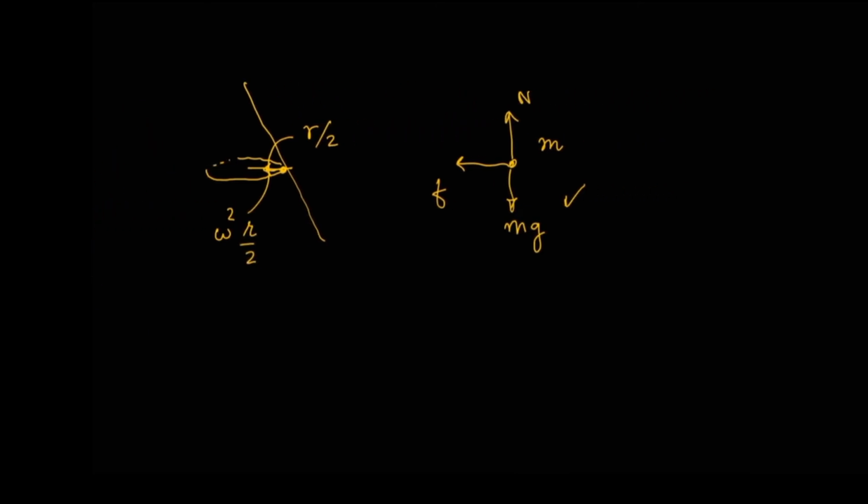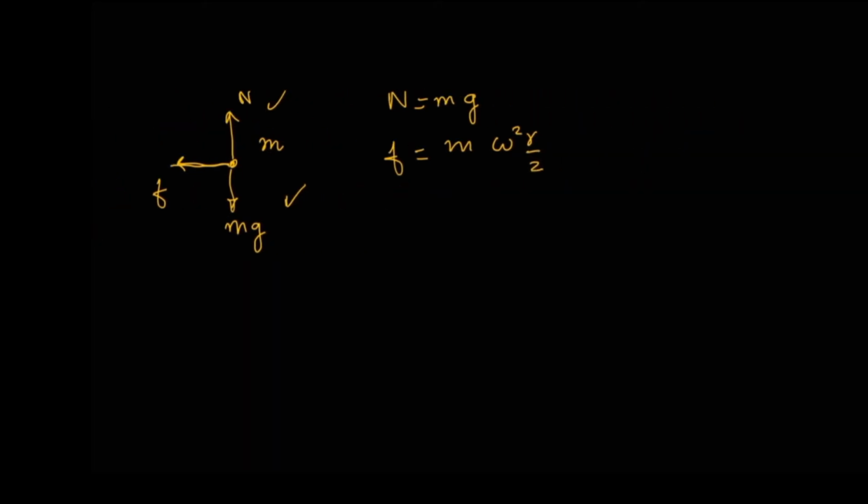Now write Newton's laws. N and mg must cancel out because there is no motion in the vertical direction. And the friction should be equal to mass into acceleration. Friction is towards the center and the acceleration towards the center is omega square r by 2.